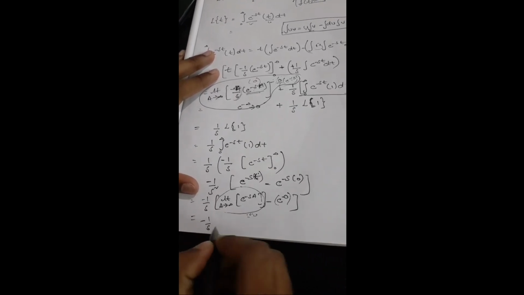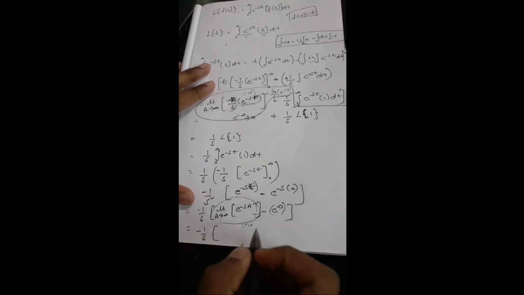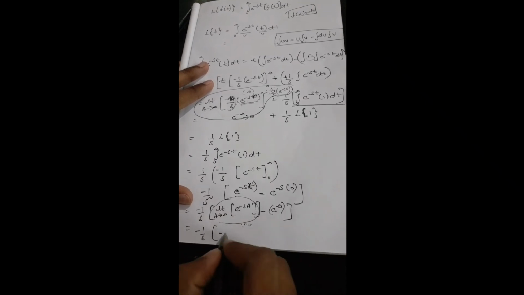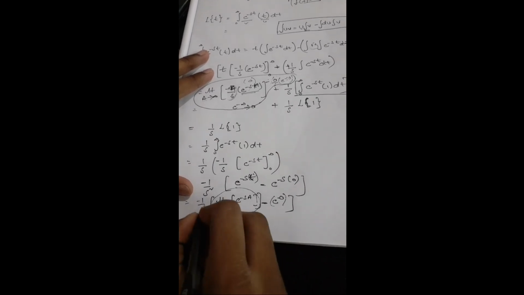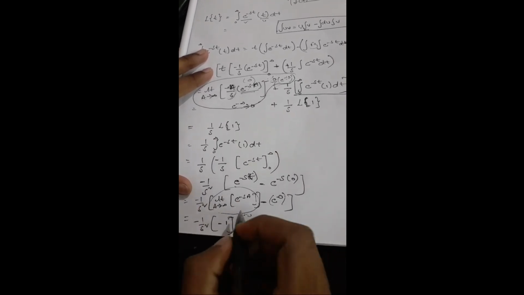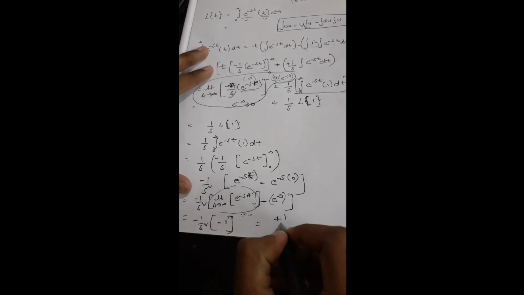So 1 by s, and one more remaining term is minus 1 here, e to the power 0, and with this minus sign, 1 by s square is equal to plus 1 by s square.